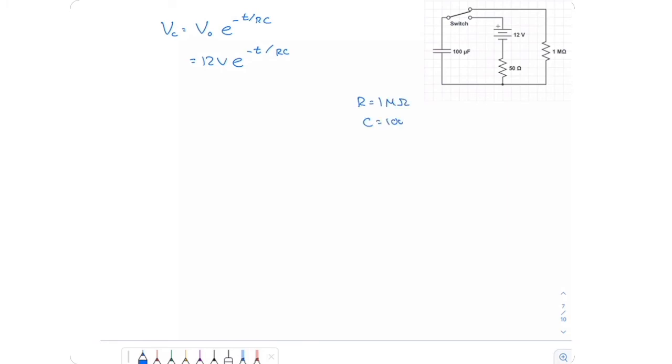C is 100 microfarads. Therefore, RC is 1 mega ohm times 100 microfarads. So 1 times 100 is 100. A farad times an ohm is a second. And a mega times a micro is 1: a mega is 10 to the 6th, a micro is 10 to the minus 6, so those units cancel out.